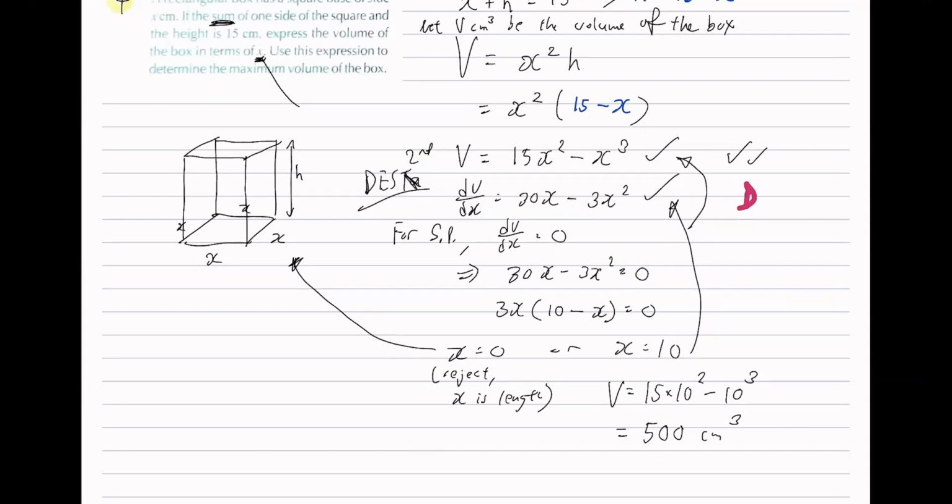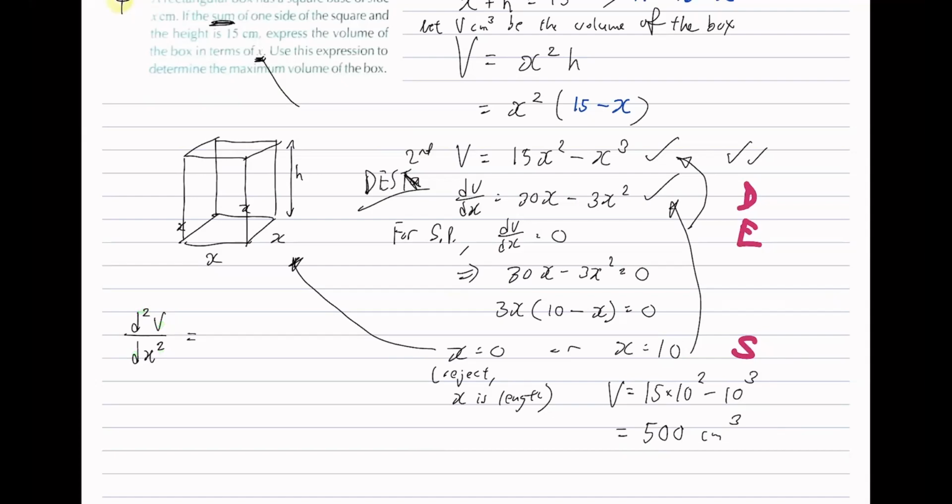Yes. So how? Differentiate 30x minus 3x squared, which is just 30 minus 6x. D what over d what? Tell me the expression. d2V over dx squared.